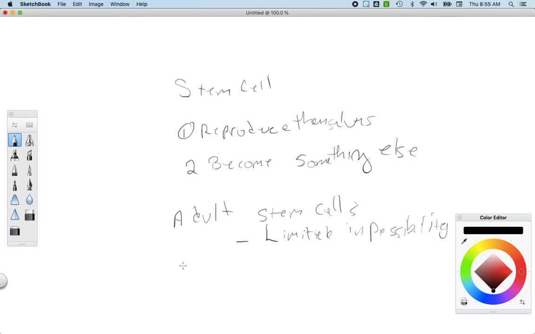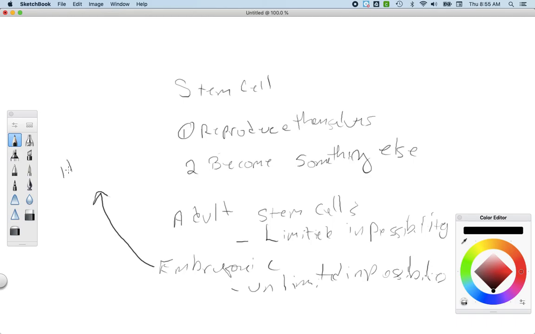The other type of stem cell that we have to be aware of is the embryonic stem cell. And these are unlimited in their possibilities. They can become any other cell, which means there's a lot of research going on to heal disease using embryonic stem cells.